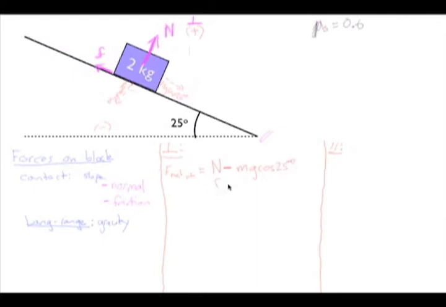Okay, that's from our force diagram. But we also know there's no acceleration in this direction. That tells us that the net force in that direction has to be 0. So this we got from F net equals ma.